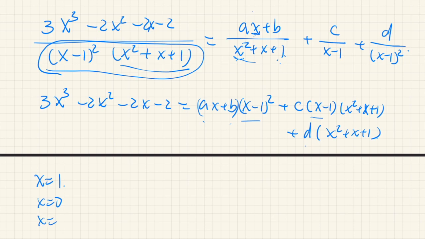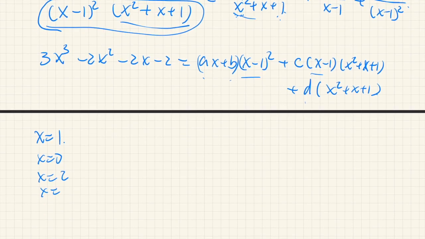And if we put x equal to 2, we have some other equation, and so on. Actually, you can even put imaginary or complex numbers for the sake of determining these unknown parameters a, b, c, d. It's an exercise to determine the values of a, b, c, d, but let's just do x equal to 1 first, for the sake of demonstrating the process.